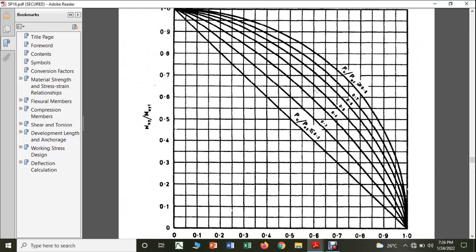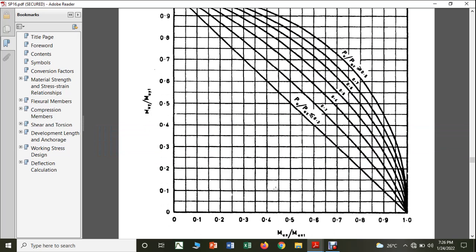In chart number 64, these values represent PU by PUZ. So we already have the value of PU by PUZ, right? Now, out of MUY by MUY1 or MUX by MUX1, the choice is left to us.